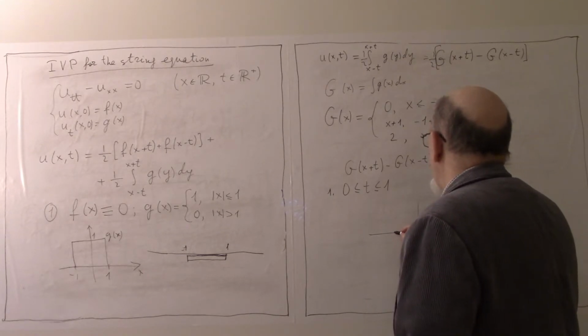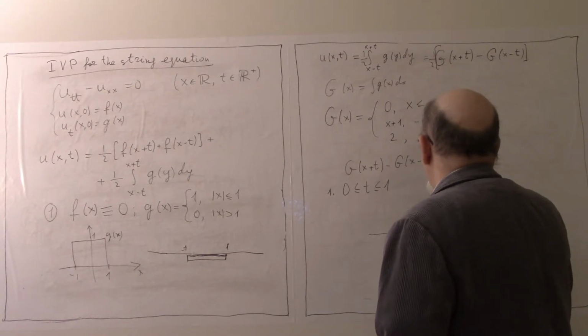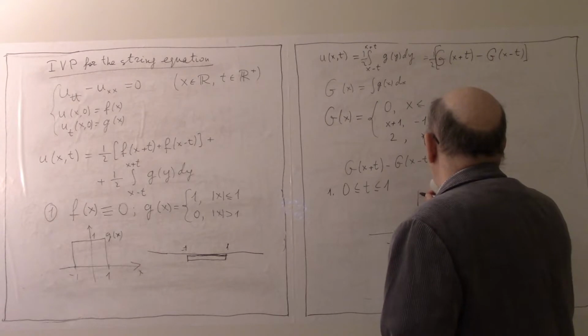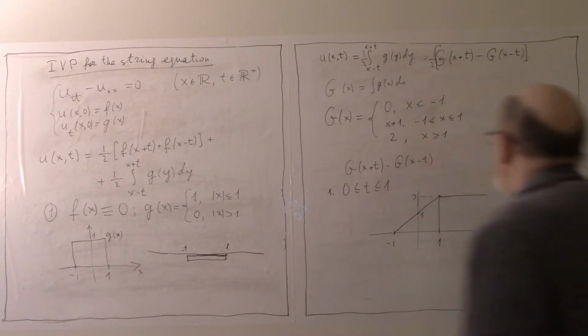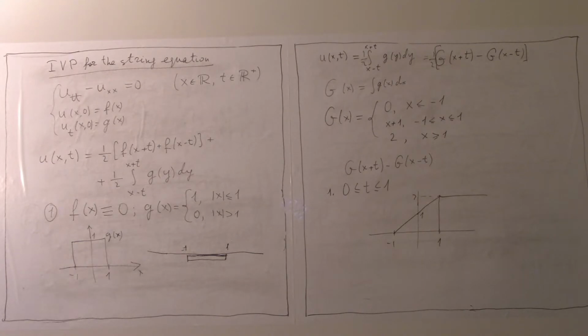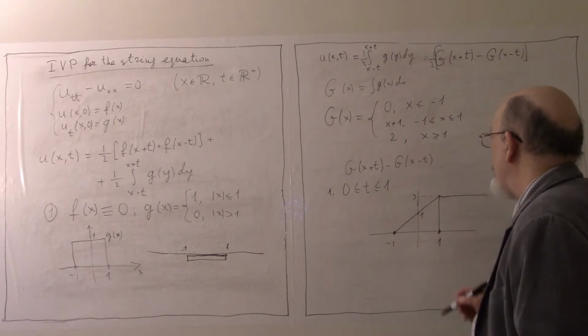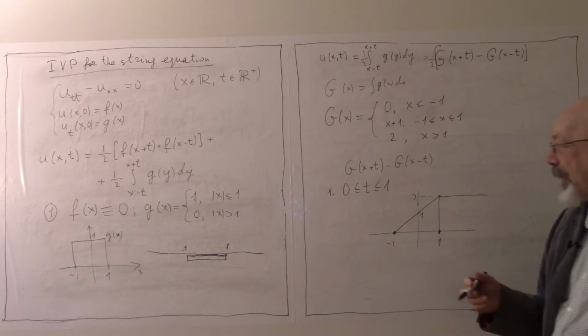G capital has this form. It is a linear function. It is 0, it is 1, it is 2, and then constant 2. Yes. So we have here two singular points, points of discontinuity of the derivative of the function G capital.